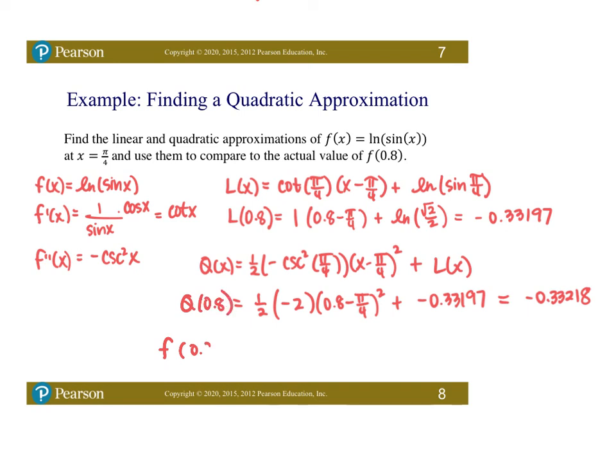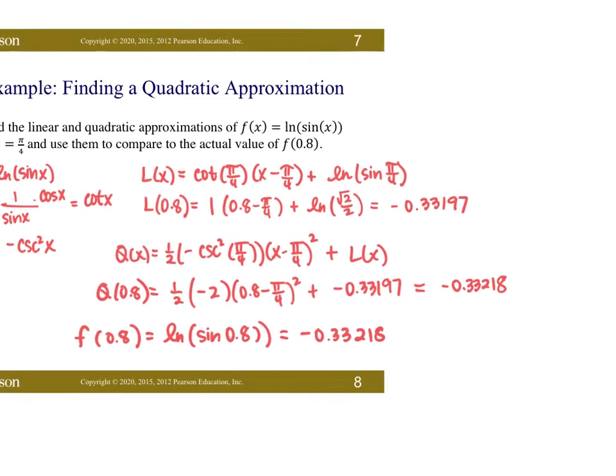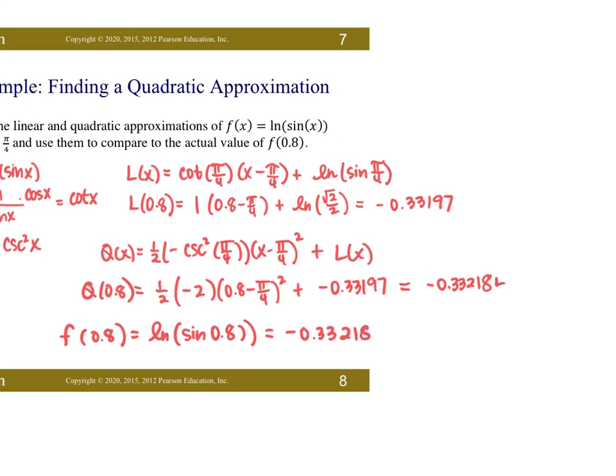We're just going to plug that directly in because we have the luxury of a calculator. And we get negative 0.33218. Okay, now technically that was a 4 and this is a 3. So that's the difference between these. The accuracy of a quadratic approximation is just amazing if you're close to your original target value.